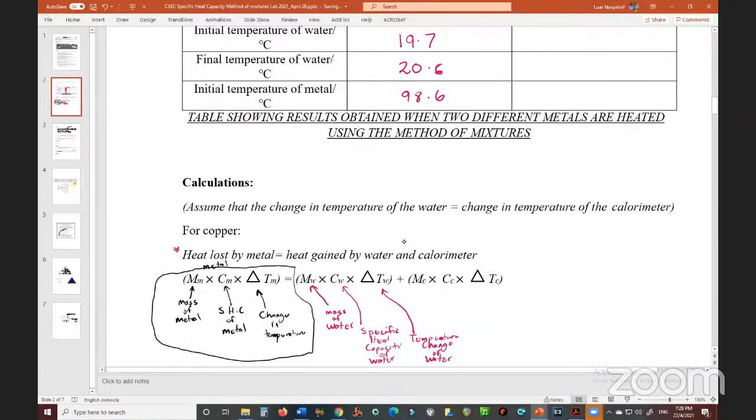Remember, the metal was heated, and then we transferred the metal to the water in the calorimeter. So if we go back to the image of that, the calorimeter is the common name for that.